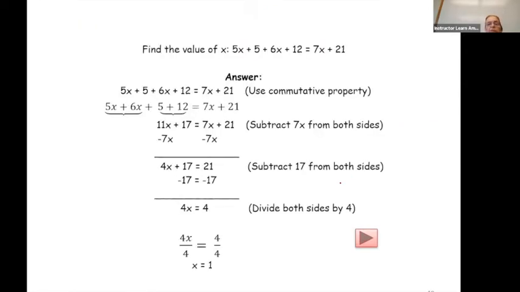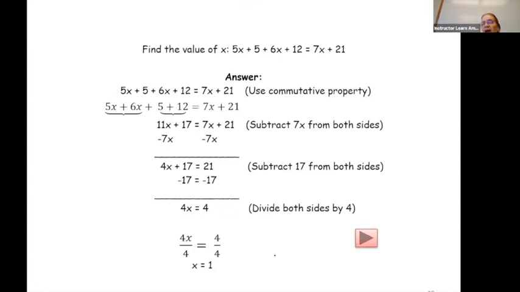Right, this goes through what we just talked about. Using the commutative property, they brought all the things over. They showed a little more detail than I did when I did it. And then subtracting 7x from both sides, subtracting 17 from both sides, dividing both sides by 4.